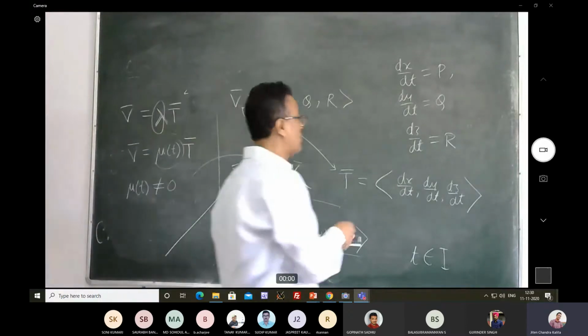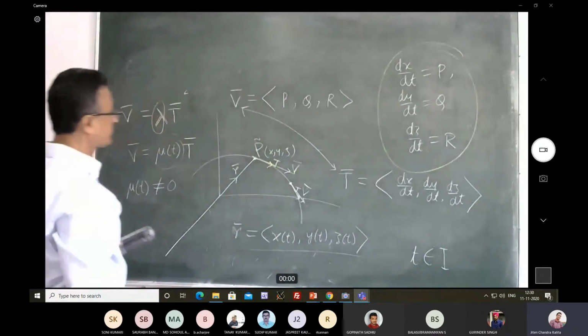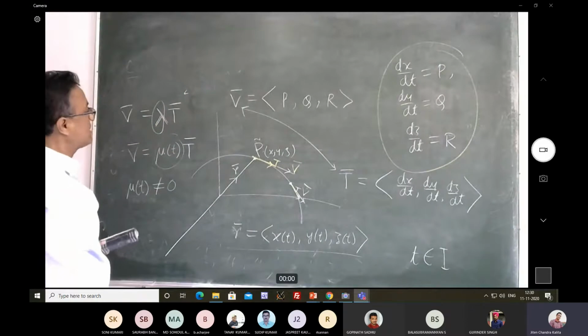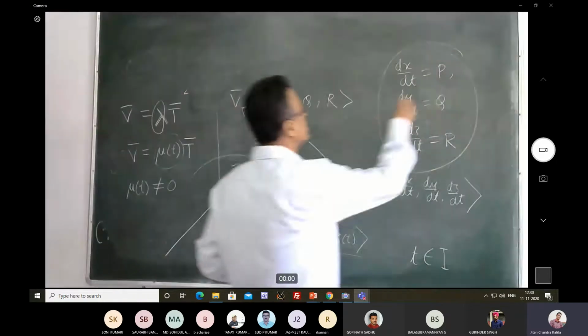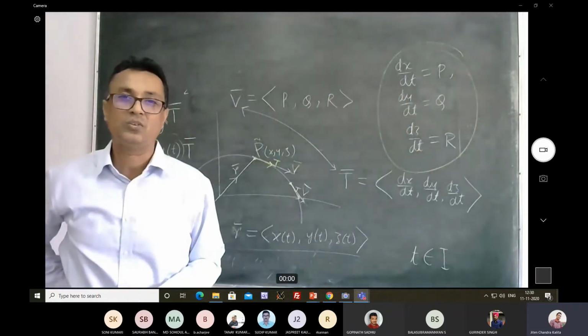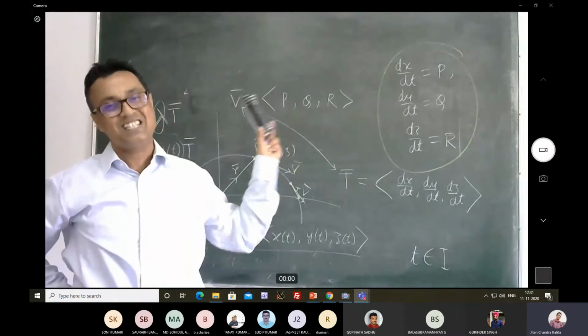So now I am making a comment. From C being an integral curve of the vector field V, I can always get a relation like this. In fact, there is some multiple hidden there.